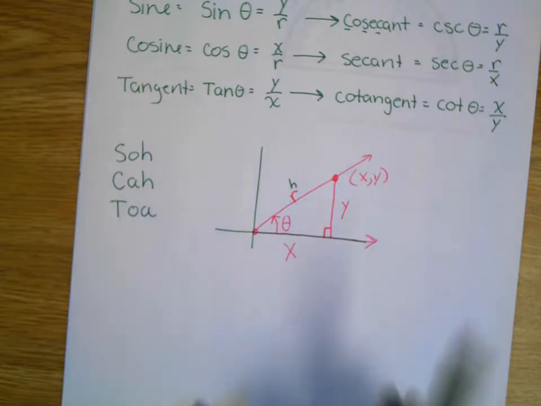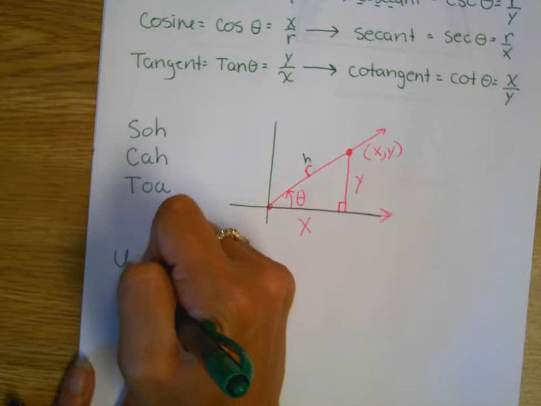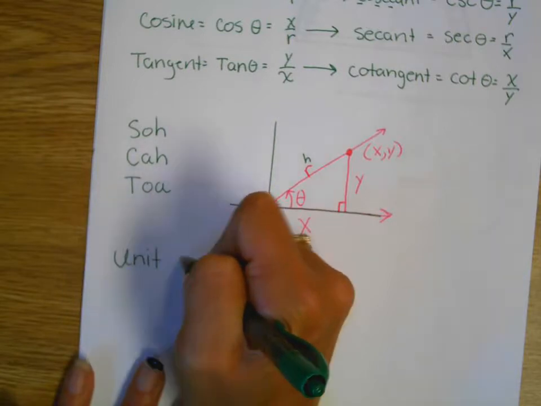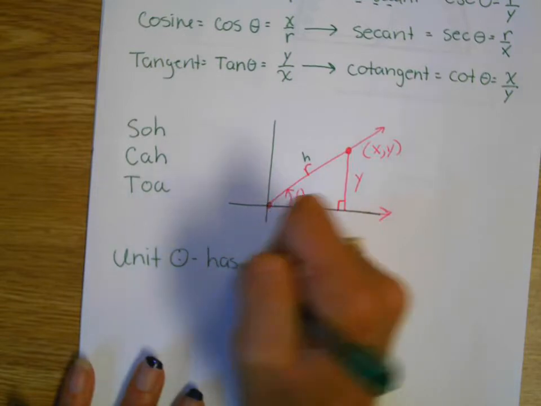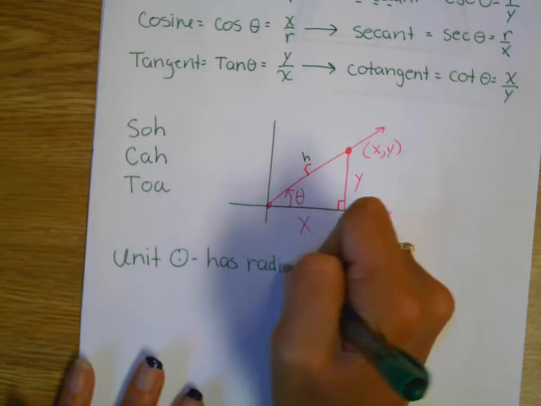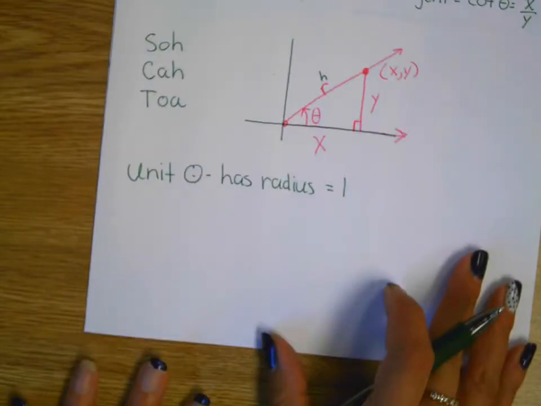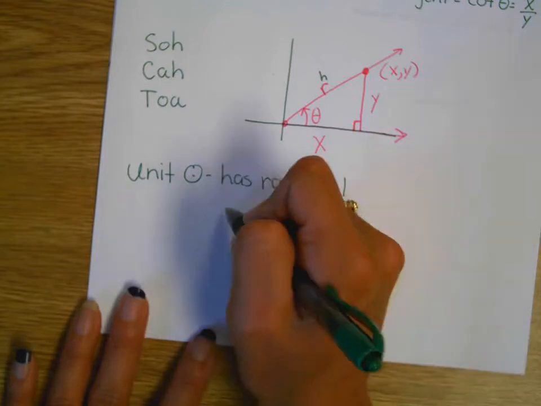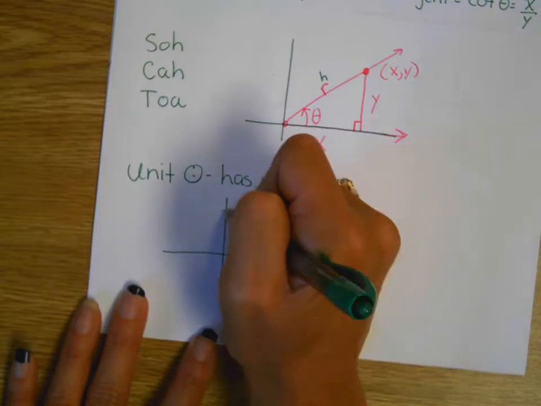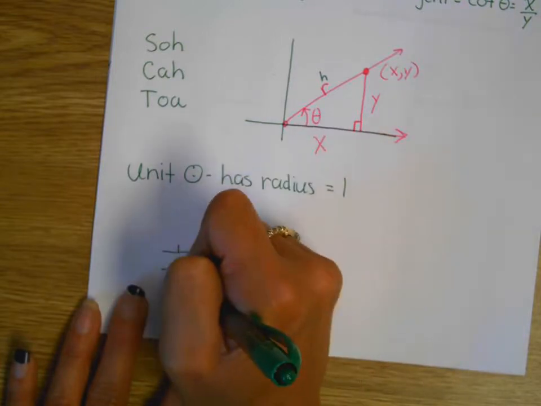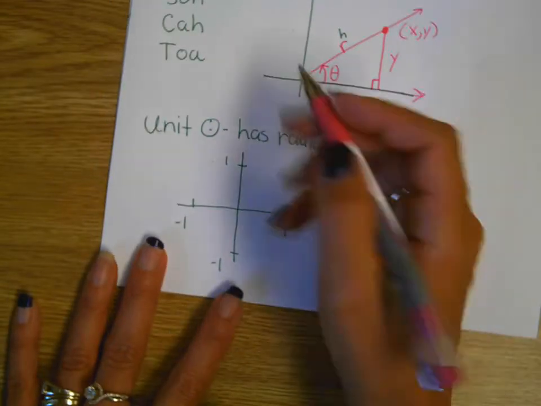I'm going to make your life a little easier and give you a unit circle with a unit ruler. A unit circle has radius equal to 1. So if we go 1 in all directions, we make a nice circle.